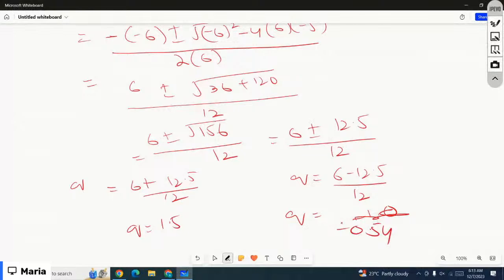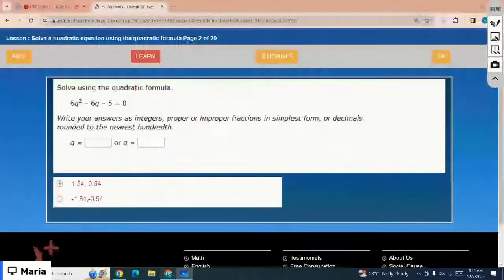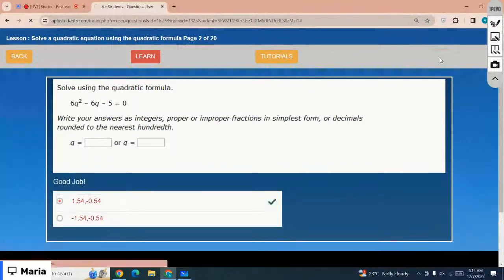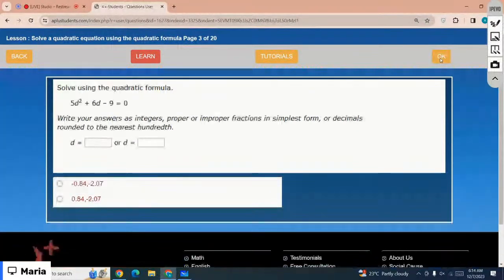So which is the correct option? Q equals 1.5 and negative 0.54. Option number 1 is the correct option, right?